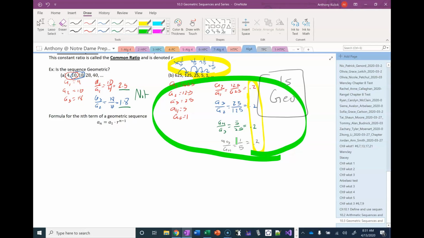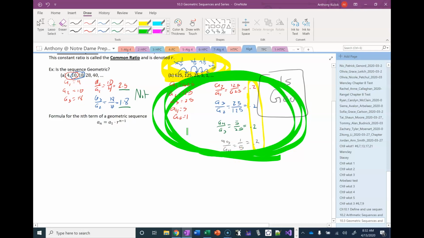Although, if you had noticed that we're just multiplying by 1/5 each time, what I've done here in the yellow is equivalent to all of this stuff we did here in the green. So keep that in mind. Some of them it'll be very easy to tell if they are geometric or not, just by looking for something that's being multiplied at each step.